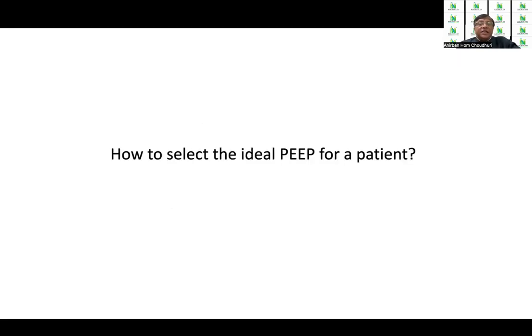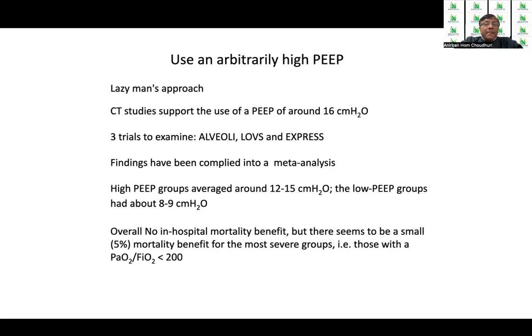Now, how to select? The next question is the ideal PEEP. After we recruit the collapsed lung, we also require an optimal PEEP to prevent it from collapsing again, or to keep it open. One approach is to use an arbitrarily high PEEP, which is a lazy man's approach. The CT studies support the use of PEEP of around 16 centimeters of water.